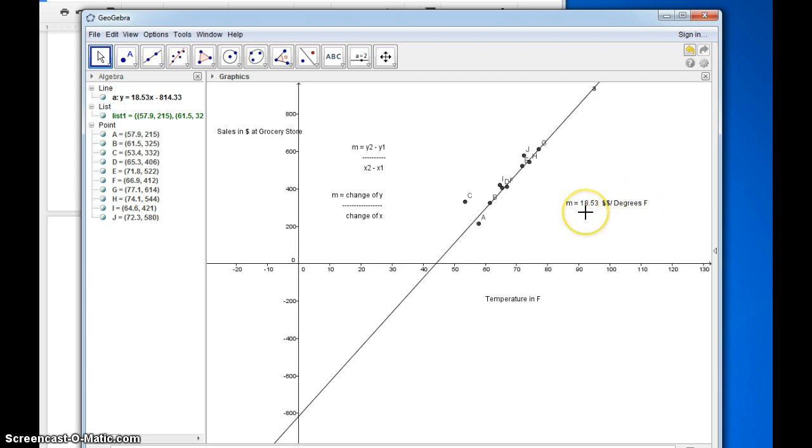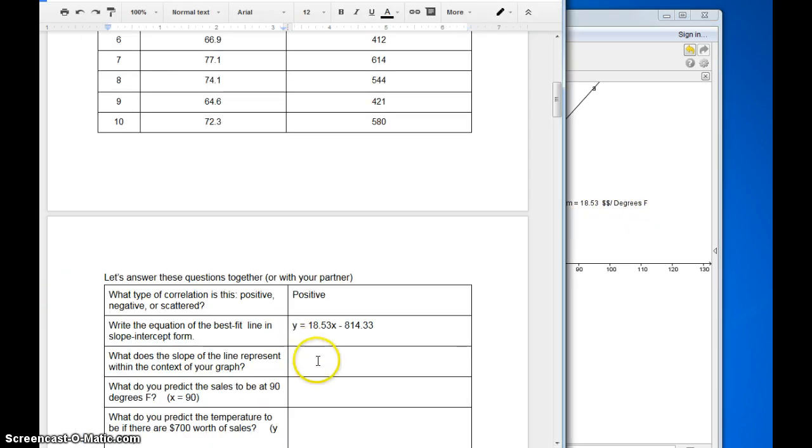So the sales are going up $18.53 per degree Fahrenheit. Let's write this over here. So sales are going up $18.53 per degrees Fahrenheit.